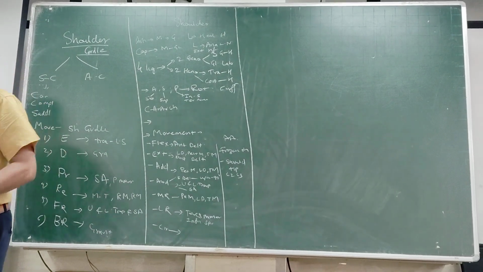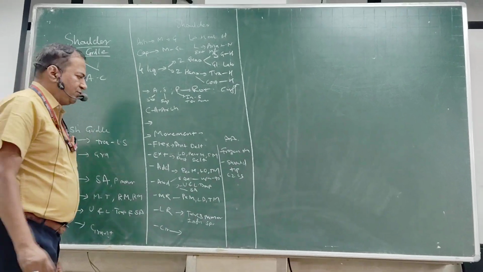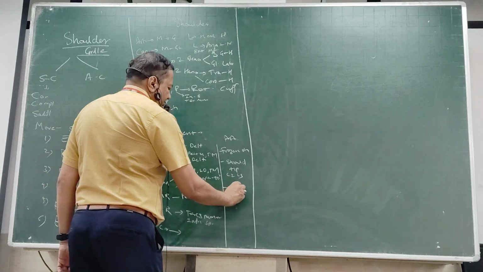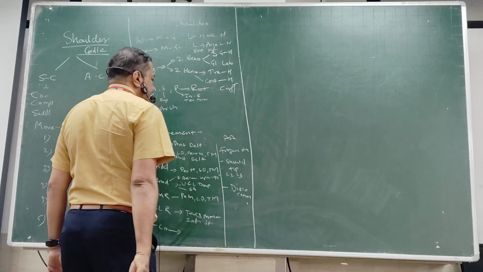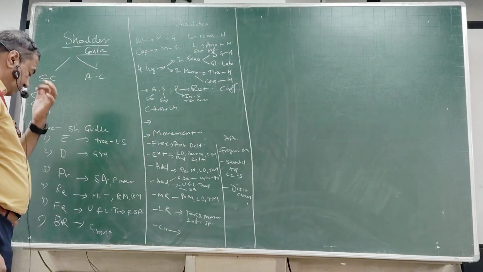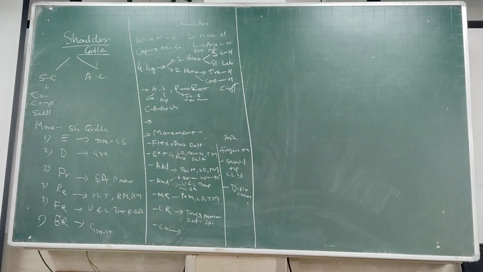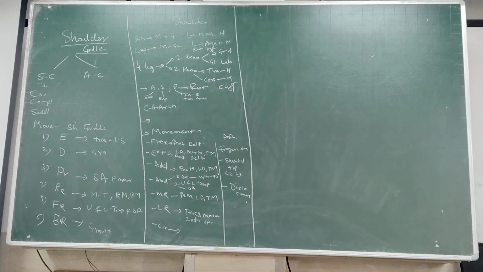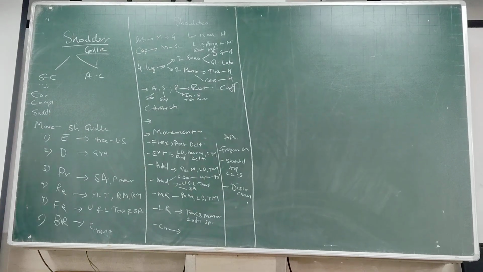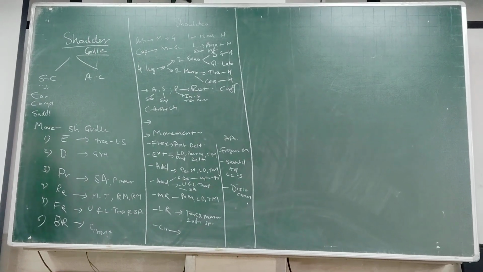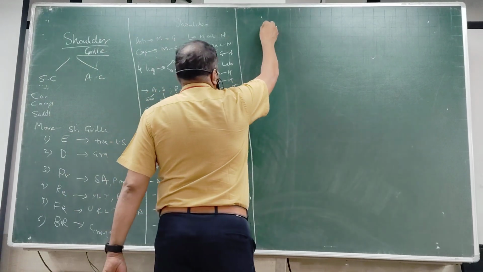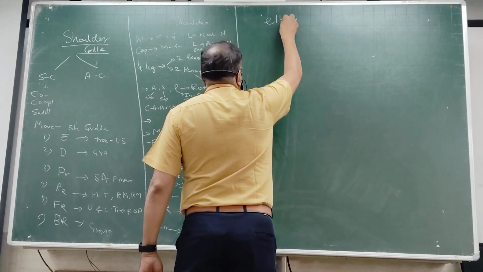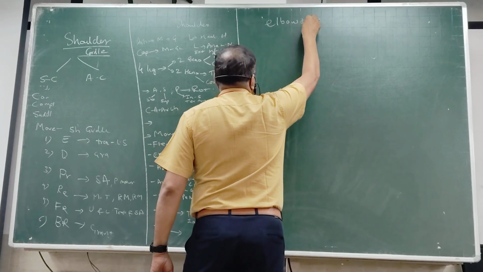Then we write about shoulder dislocation. And in any joint, we write about shoulder replacement. Then we move on to the next joint, that is the elbow joint.